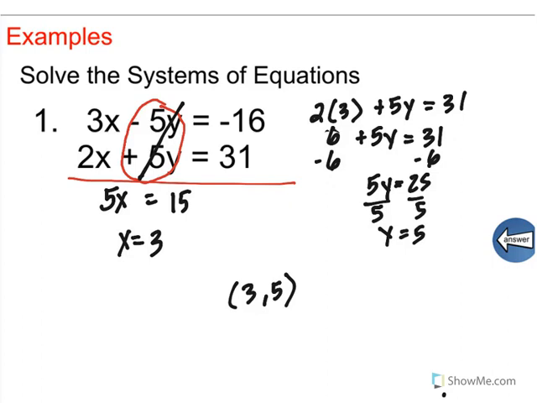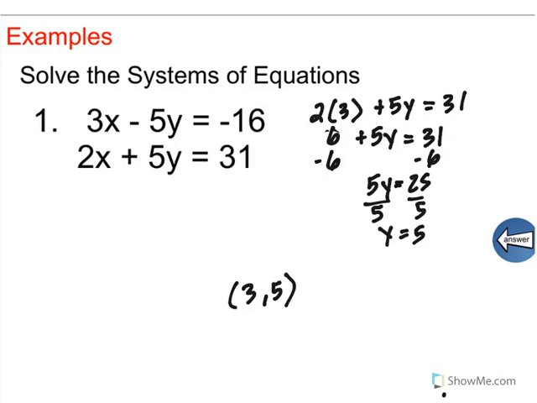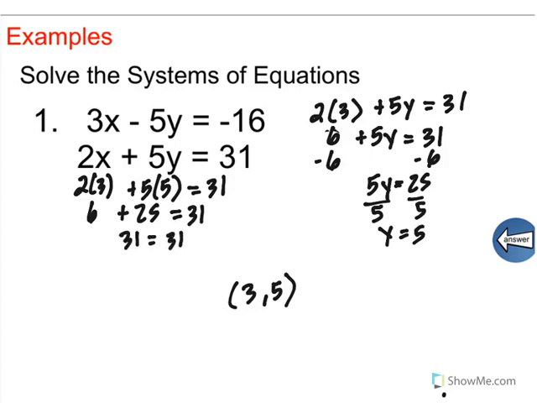Now I want to check it in both of my original equations. So I go to check. 2 times 3 plus 5 times 5 equals 31. So that's 6 plus 25 equals 31. 31 equals 31, so that checks out.